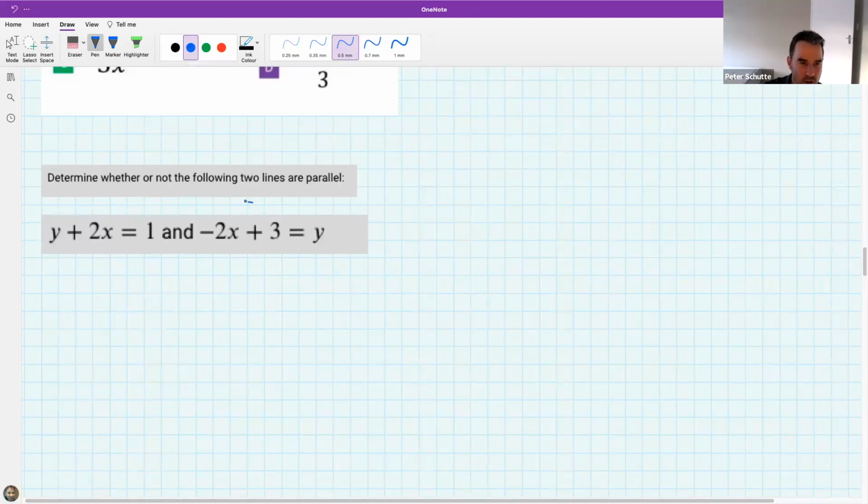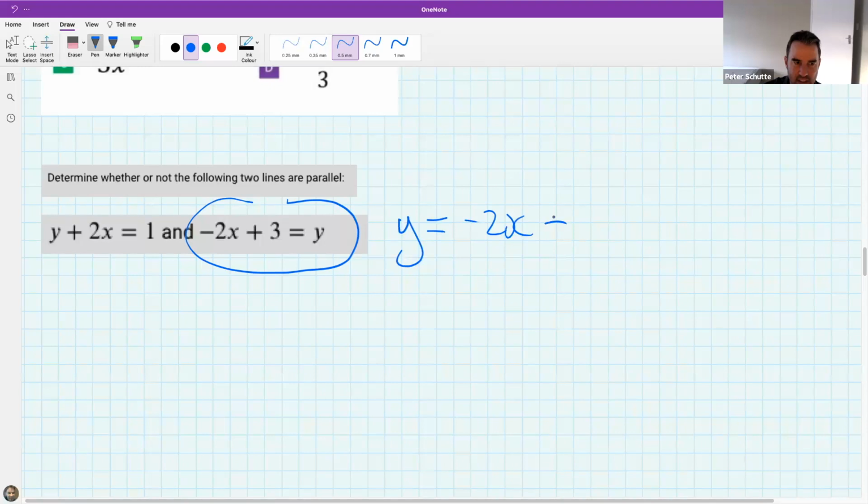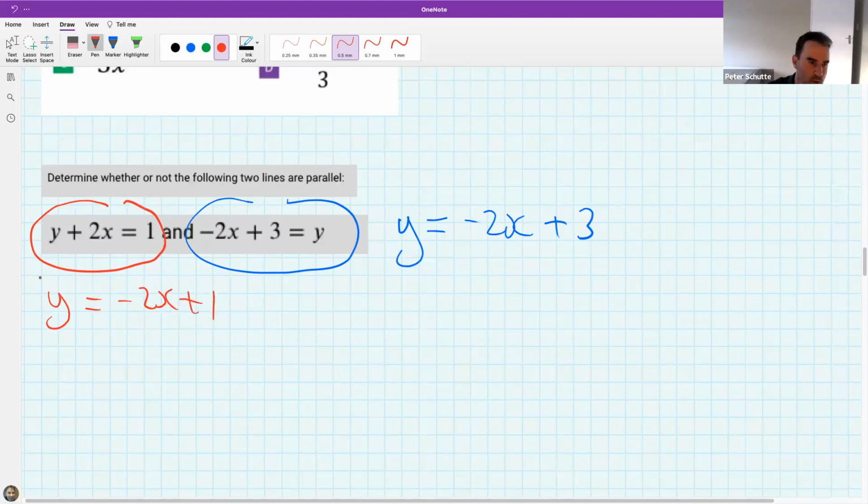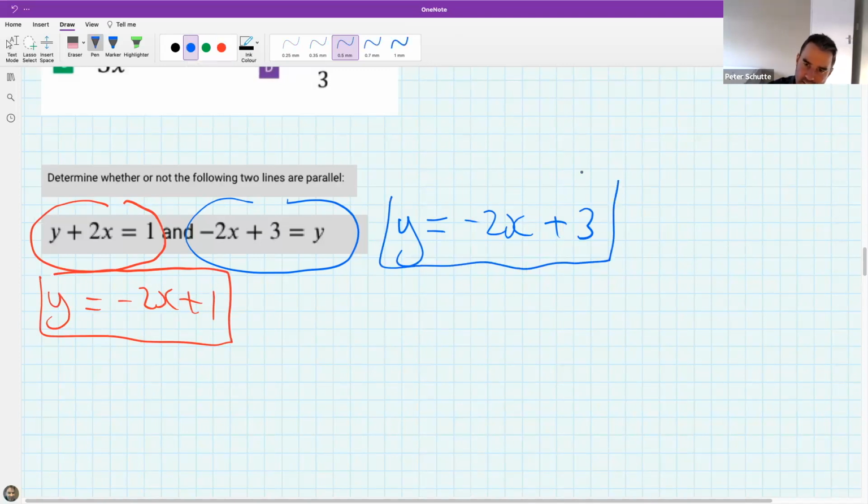And actually, now that I look at the second one, I'm just so used to Y being on the left. But if I write it out like this, this one over here is actually in standard form. It's this one which is difficult. But if I move the 2x to the other side, I get minus 2x plus 1. So now I can see that the gradient of this one is minus 2 and the gradient of this one is minus 2.